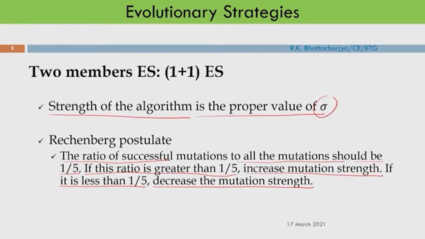So, what you have to do is reduce your sigma value so that you can search nearby. So, this is the Rechenberg postulate. If the ratio between successful mutations to all mutations is greater than 1/5, then increase the mutation strength, and if it is less than 1/5, decrease the mutation strength.